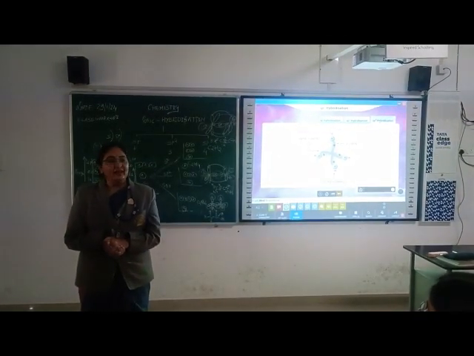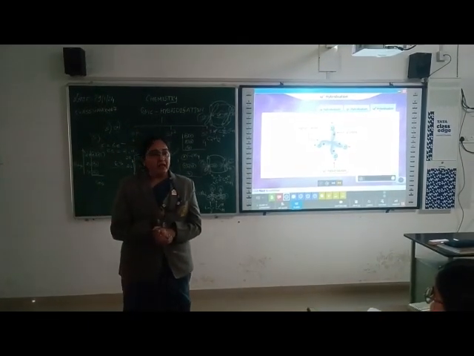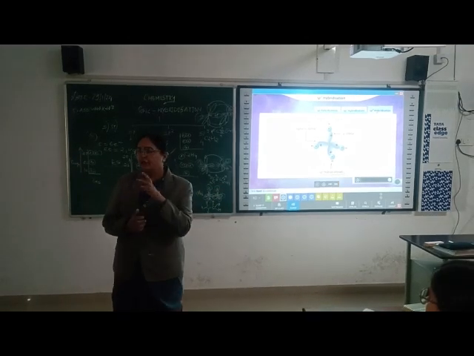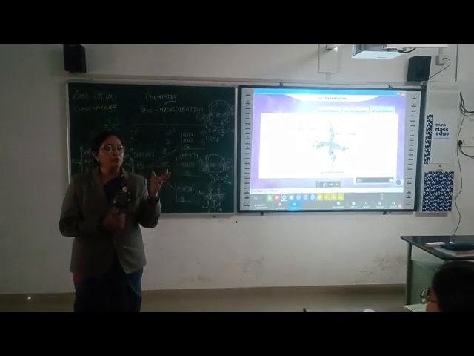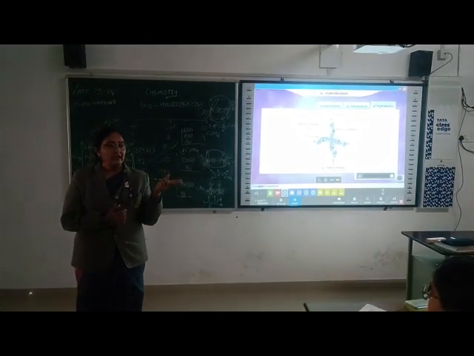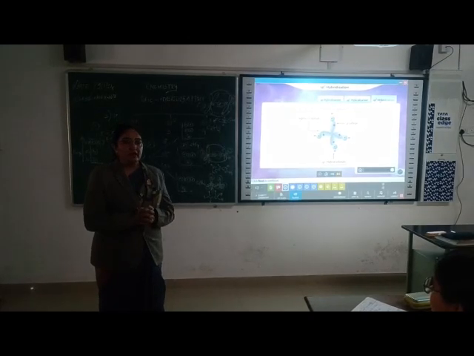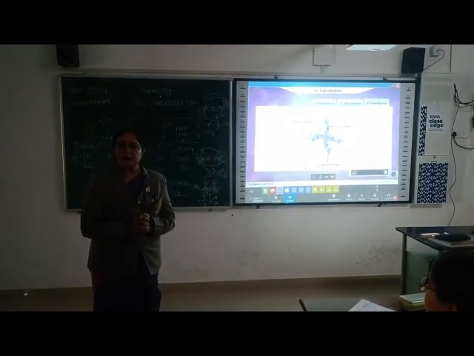Okay, and then what are the examples related to that? In SP hybridization BeH2 or BeF2, in SP2 BCl3, and in SP3 hybridization CH4. Then which element is able to show all three types of hybridization?